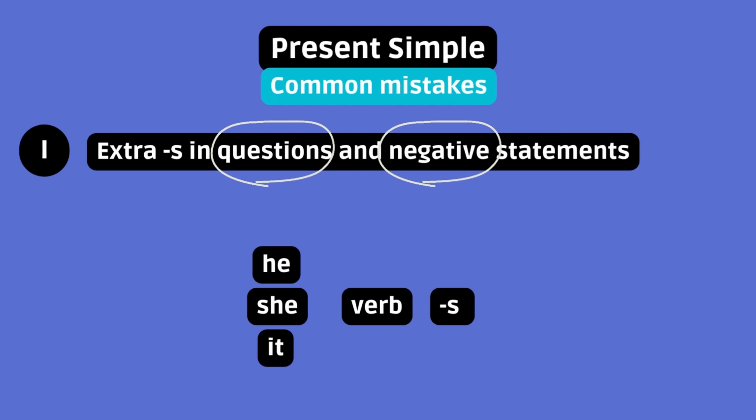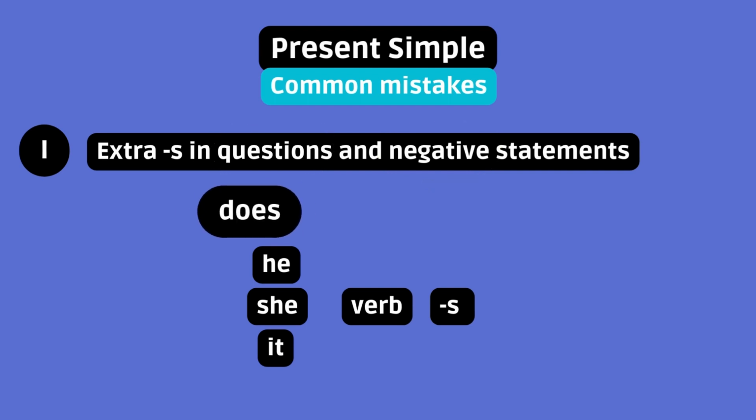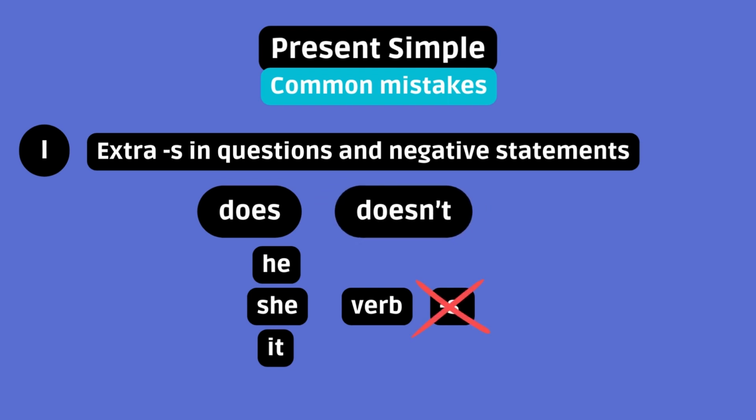It's confusing, but in such cases, the auxiliary does or doesn't already carries the S, and so the main verb remains in its base form. Whenever you hear does or doesn't, this should act as a warning sign, and no other S is needed in your sentence.